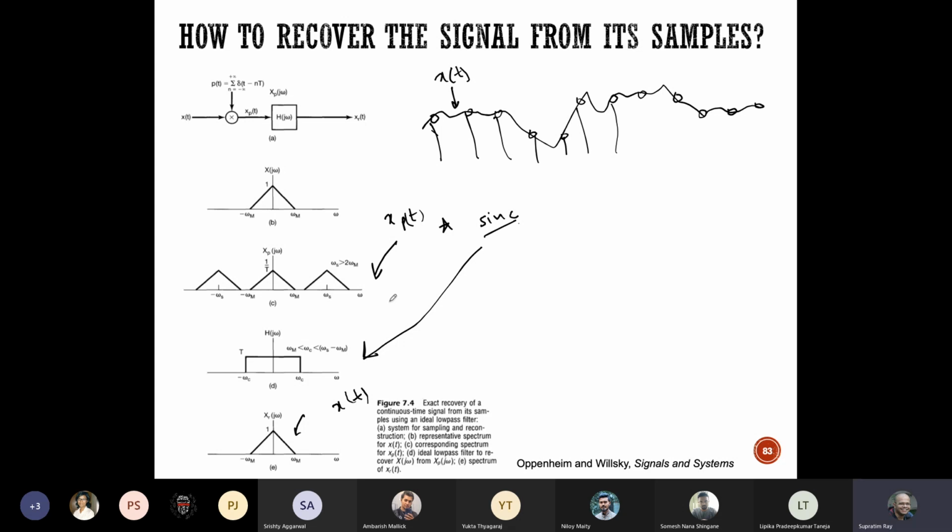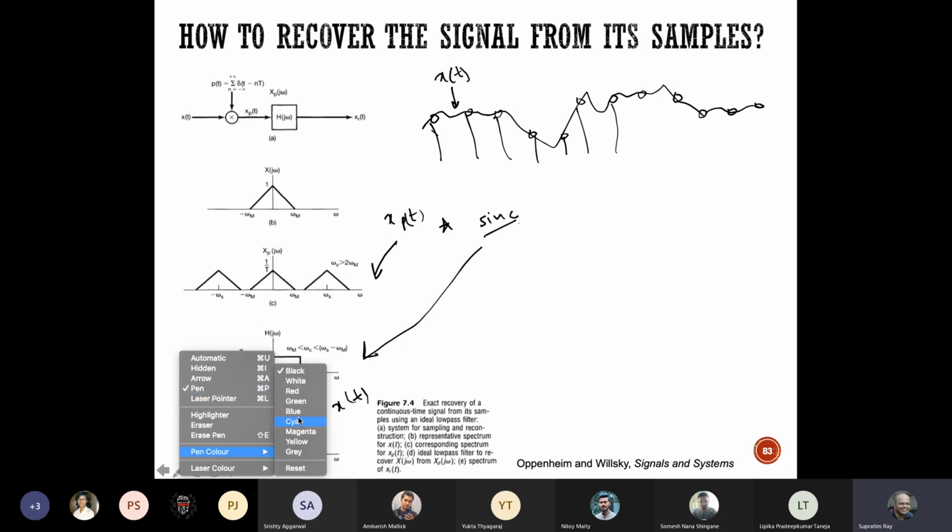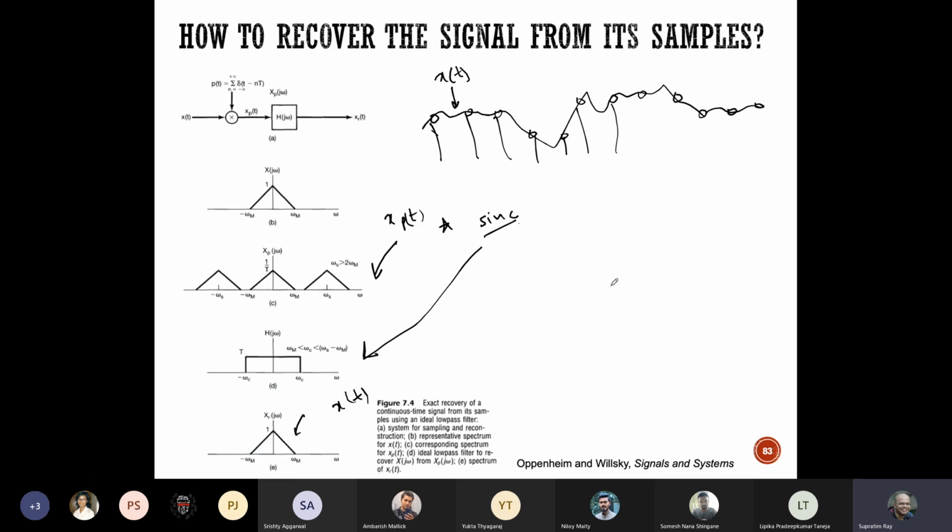Okay, so let me ask you guys a question then. Let's see. Okay, so I can't change a pen color. So tell me something. Suppose I give you just these signal samples. And suppose the actual signal did this or something of that sort.